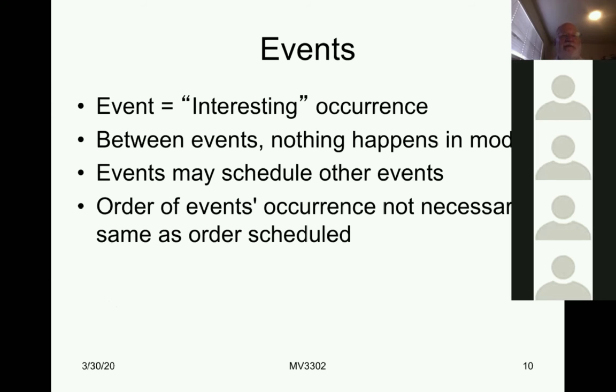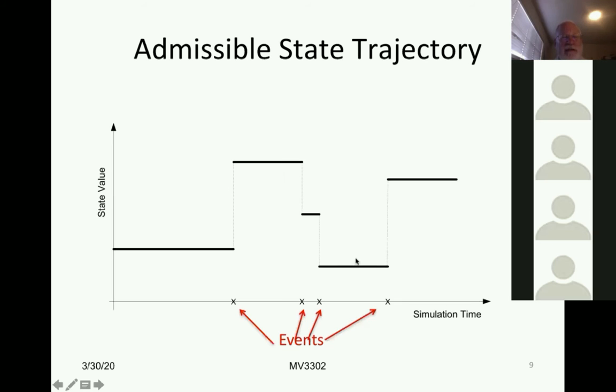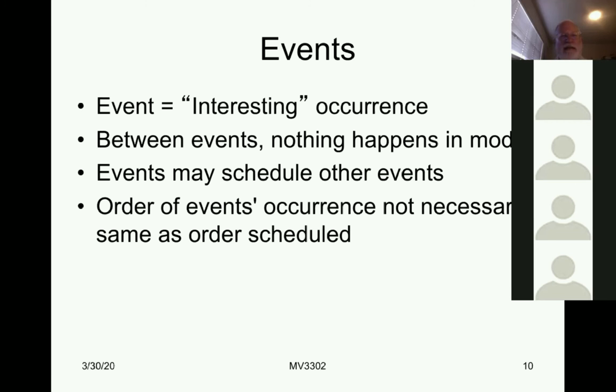The events are the quote interesting occurrences, and what interesting means is that some state value has changed. That's the only interesting thing that happens in a discrete event simulation. And in between events, nothing happens. So if we take a look here, if this is the only state variable in our model, nothing happens between one event and the next.